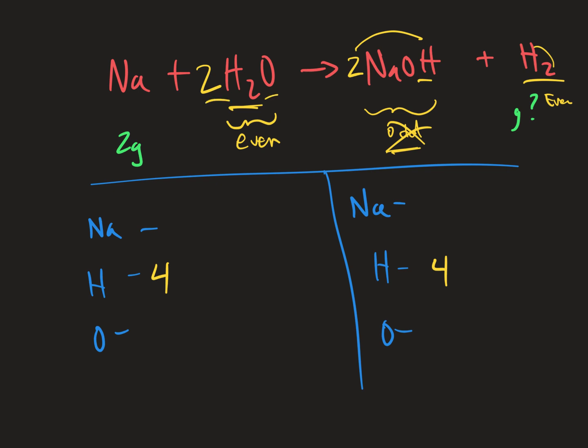We have 2 oxygens here. We have 2 oxygens there. Now the sodiums, we have 2 here, and we only have 1 here, so we better put a 2 right there. Follow? All right. Now I'm going to erase my work so I can do stoichiometry. Is that okay? Unless you have any questions.